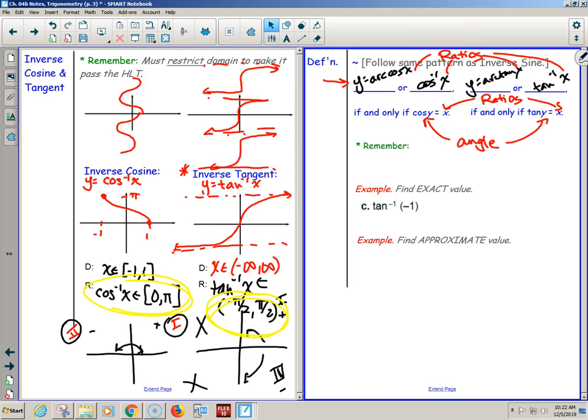But here's a big point that I did not make as strongly yesterday as I should have, and I heard it in how you were describing what you were doing in your calculators. When you write something like cosine inverse of x, how did I just read that? Remember the words I just said?